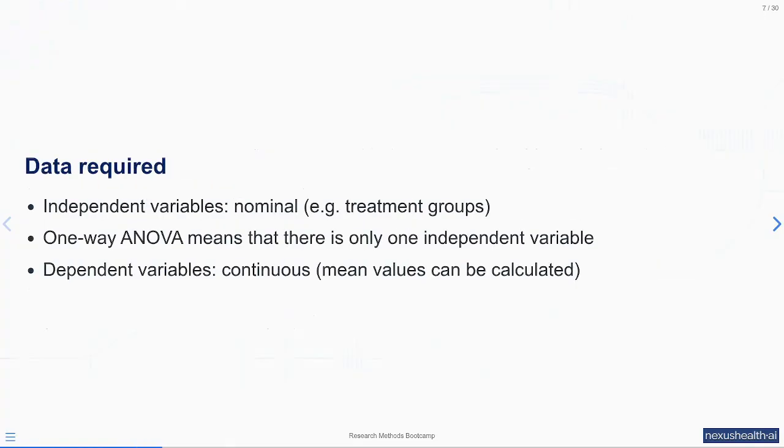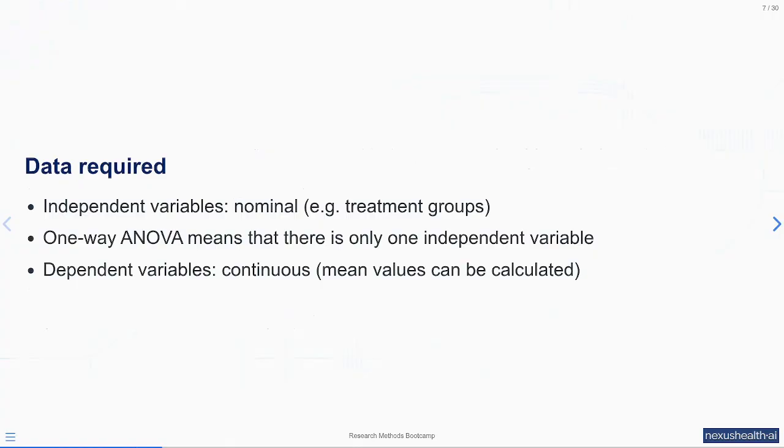What do we require to do an ANOVA test? We require independent variables that are nominal. Thus, we require treatment groups, or factors as they are sometimes called, that are nominal. The one-way ANOVA means that there is only one independent variable. The dependent variable has to be continuous.